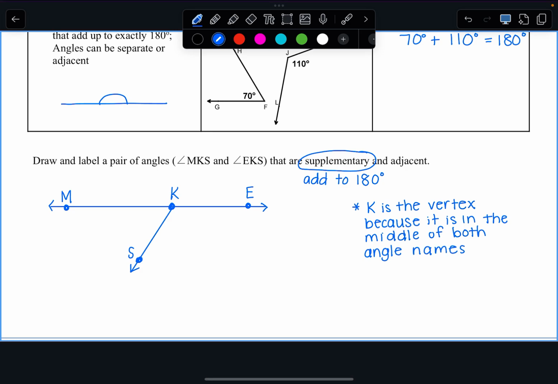Additionally, the angles are supplementary and adjacent. They're called a linear pair.